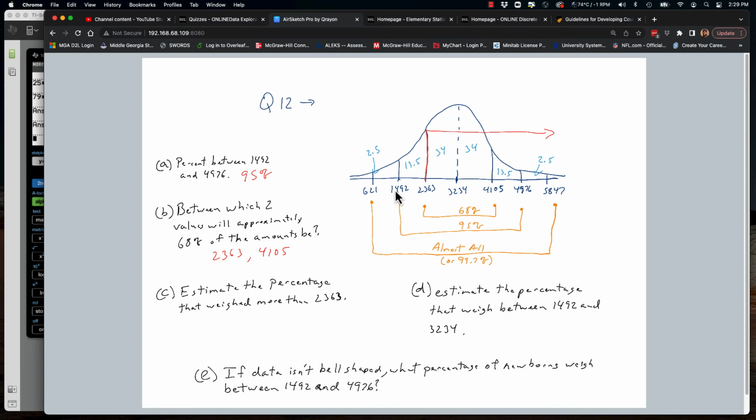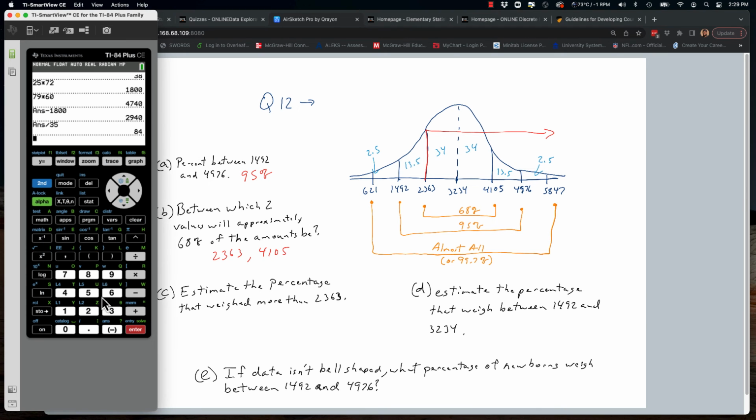Or you could take 100 and subtract 13.5 and 2.5. Either way you want to do it works. We take the 34 and 34, which is just 68, plus 13.5, plus 2.5, and we get 84%. The weights fell above that.